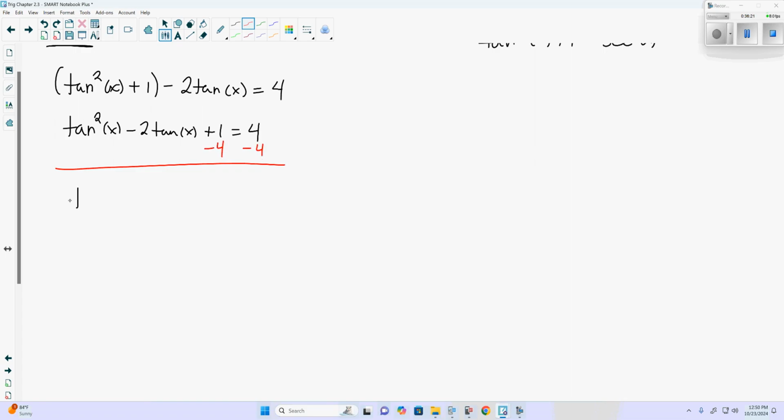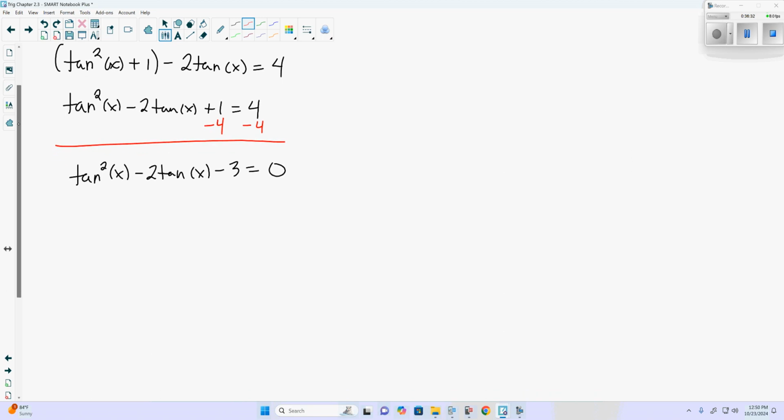Once we get it all in terms of tangent, we do need to get this equal to 0. So we can subtract 4 from both sides, telling us that tangent squared of x minus 2 tangent of x minus 3 is equal to 0.